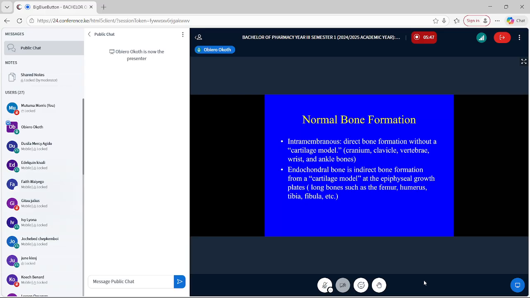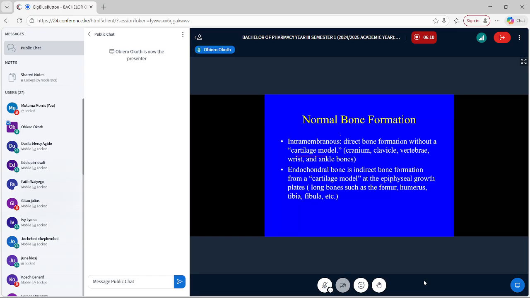Now, bone formation, there are two types of bone formation. Intramembranous means the body forms a membrane, then calcifies it, drops in calcium hydroxyapatite, and it becomes bone. So there's direct bone formation without passing through cartilage.